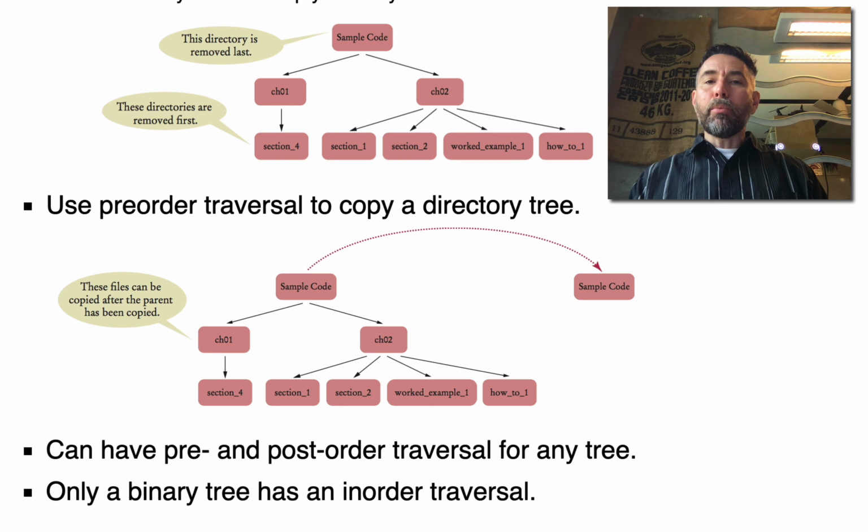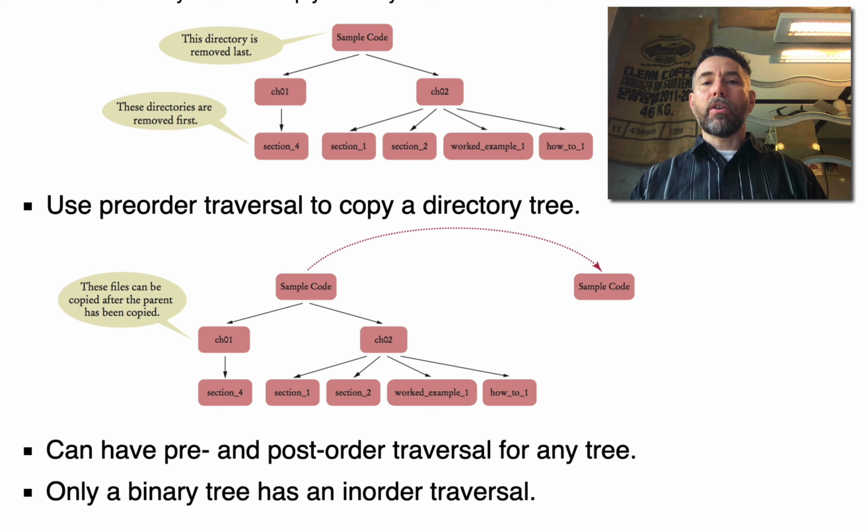Now, because pre and post order traversals are very clear about when you process yourself versus your children, you process yourself first in pre-order and yourself last in post-order. That's very clear. But in-order traversal is a little bit unclear when you have more than 2 children. Because do you process yourself after the first child, or after the first half of your children, or after all but one of your children?